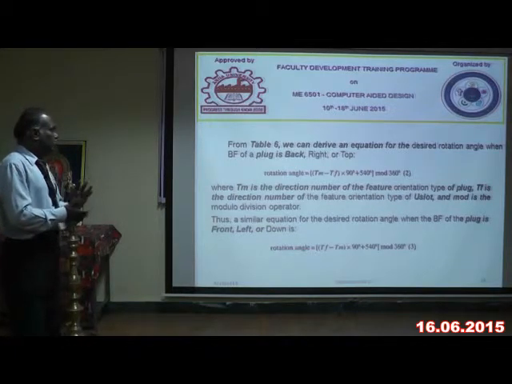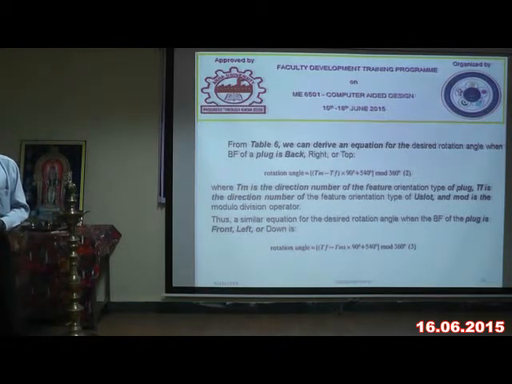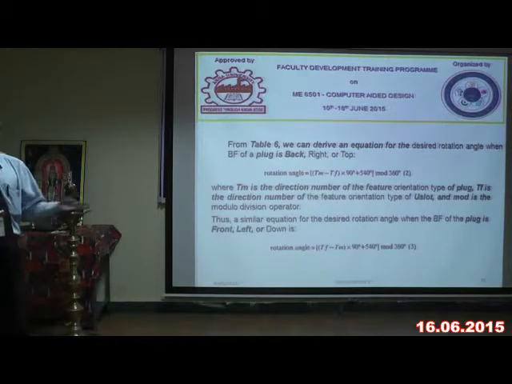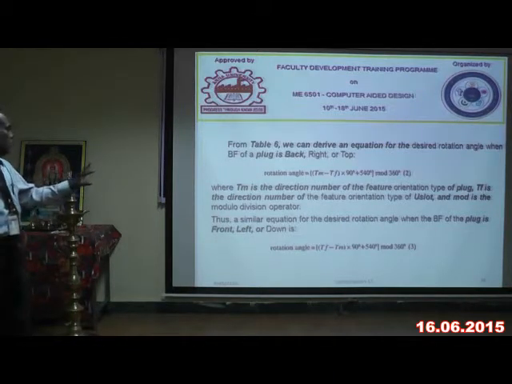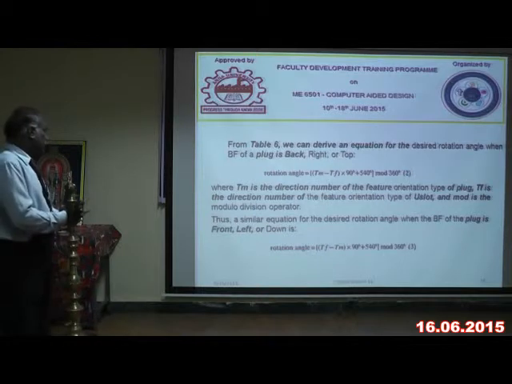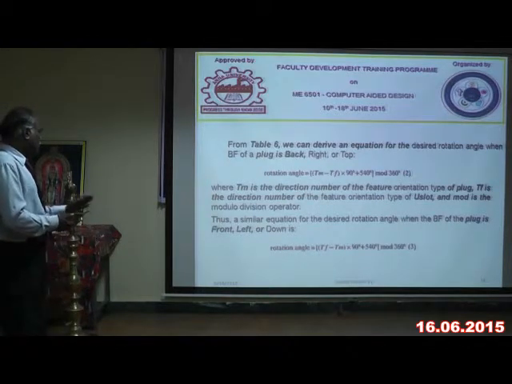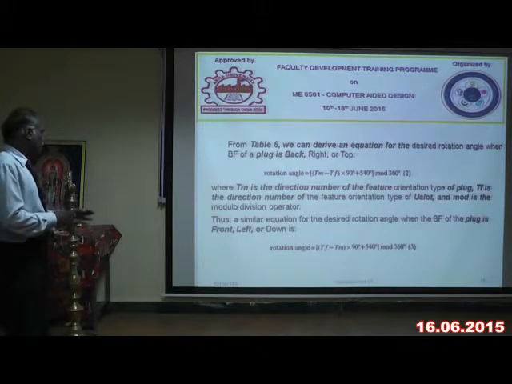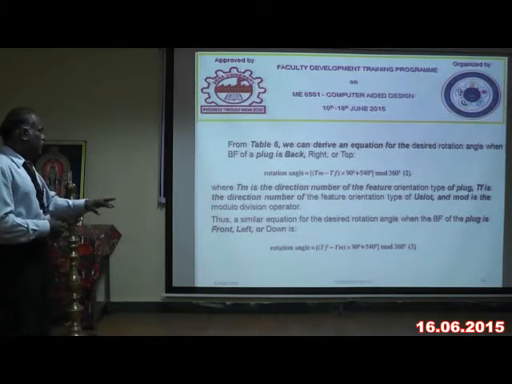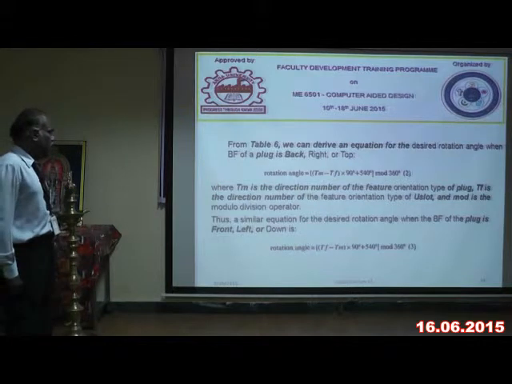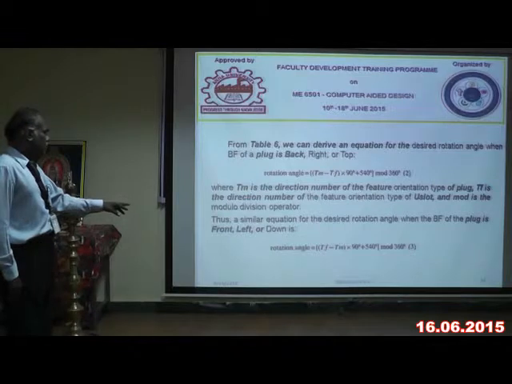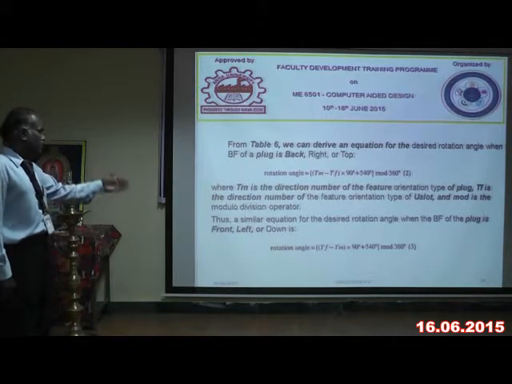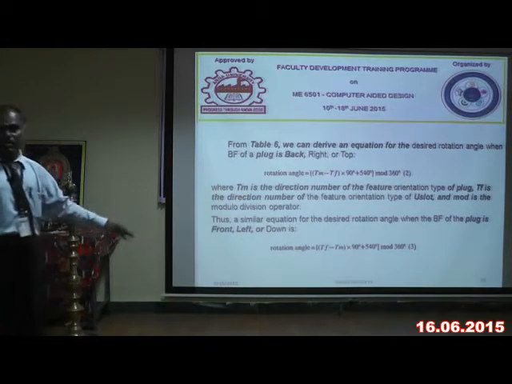This equation executes the movement of the male part. Another equation is needed. Similar equations apply for the designed rotation angle for front and left directions, where only the directions are changed.